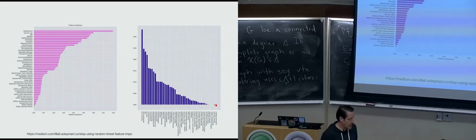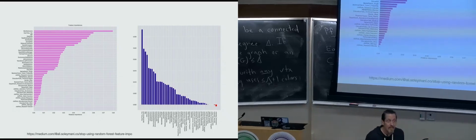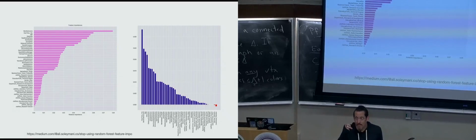Okay, if you use permutation importance, where we repeatedly leave out a variable and we measure importance by the decrement in performance when we leave it out, you'll see that those random variables have low feature importance. Okay?